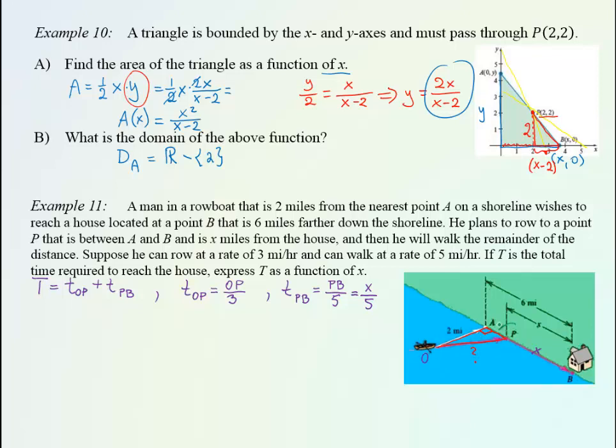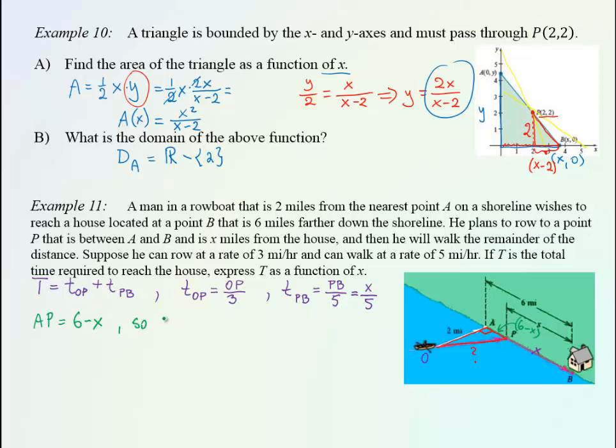Therefore, our goal would be to find out the formula for the distance AP. Since we know that AB is 6 and PB is x, then the distance AP can be seen as 6 minus x. Okay, let's record this fact. Distance AP equals 6 minus x.